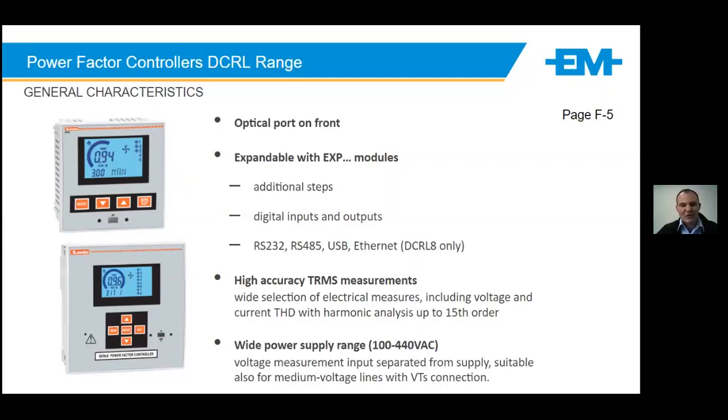If you're going to link your power factor to a SCADA or a BMS that needs to monitor this, these controllers use TRMS and will provide the electrical measures, including voltage and current THDI percentages up to the 15th order. They have a wide power supply range, and these units are also suitable for MV installations.